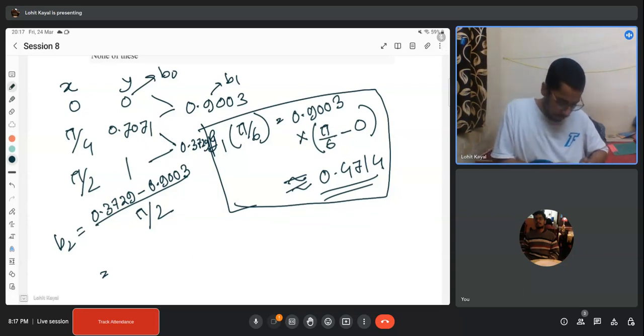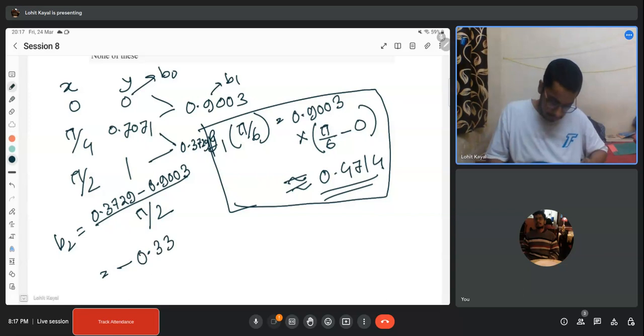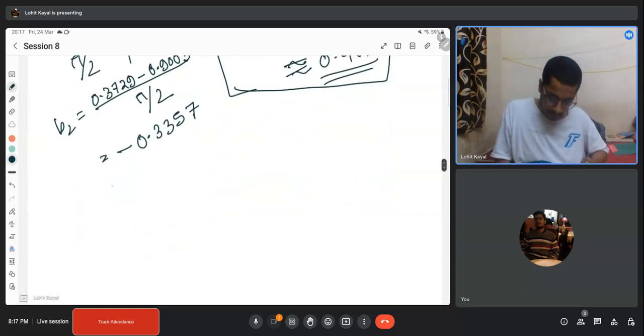So the value will be 0.3729 minus 0.9003 into 2 by pi. So this value is minus 0.3357.